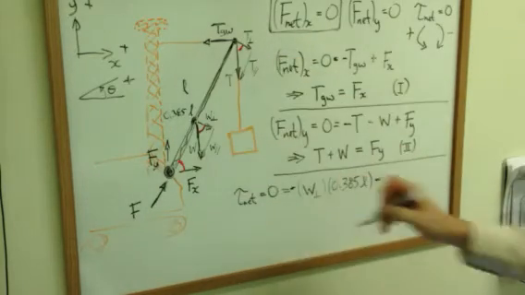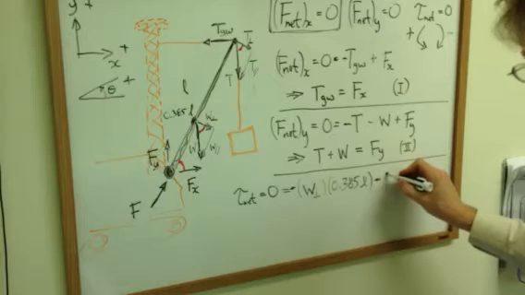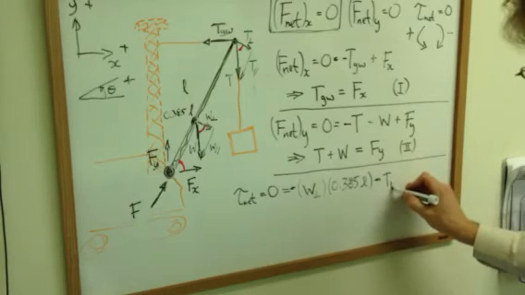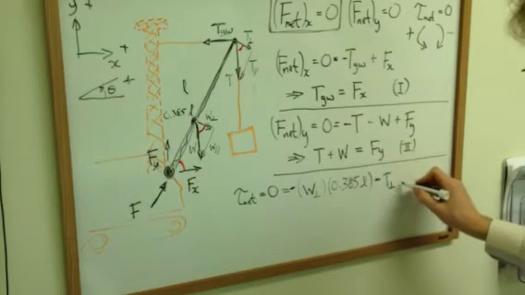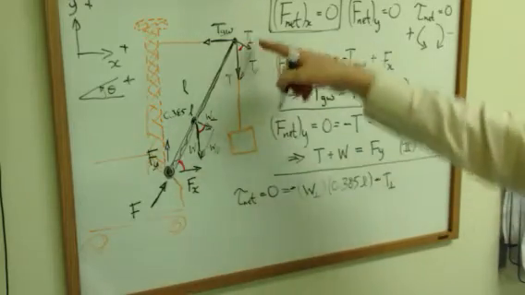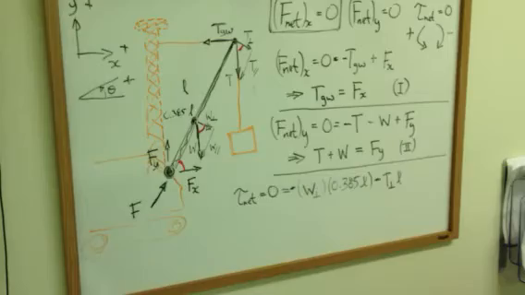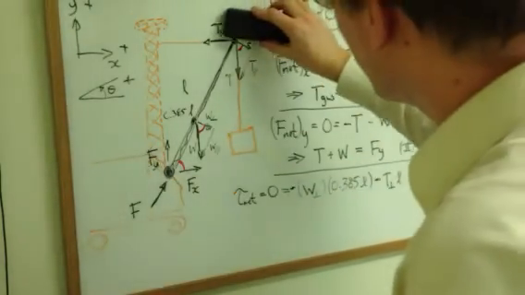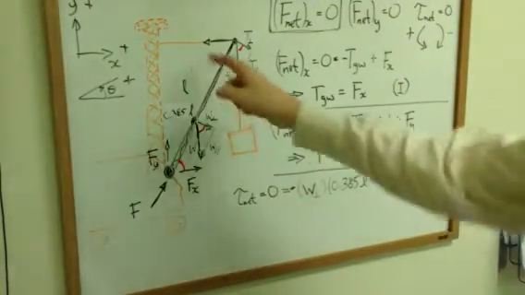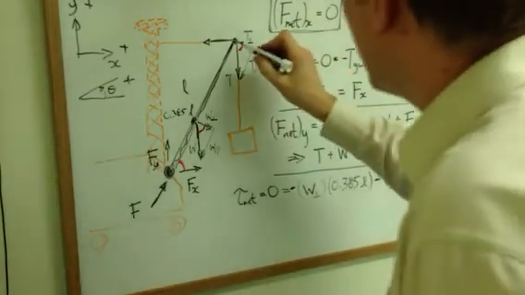Again, in the clockwise direction, so this is a negative, there's going to be a tension perpendicular, and it's twisting at the full length of the boom.